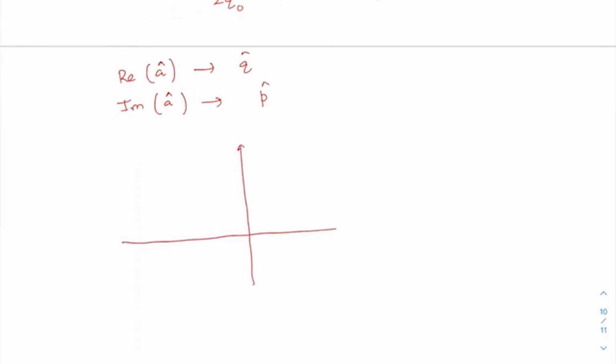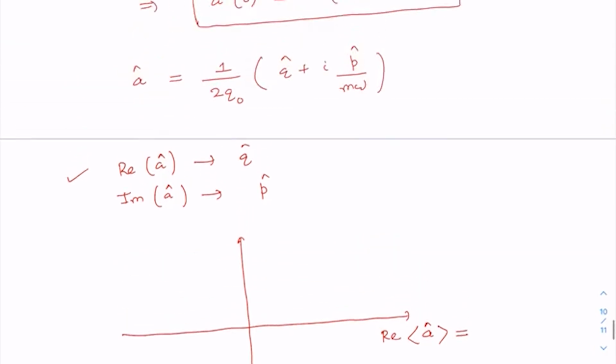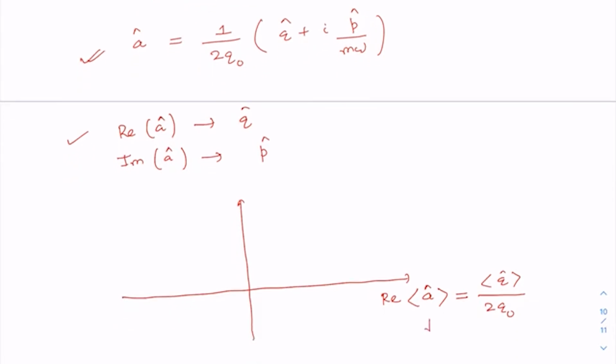Sorry, I cannot actually plot an operator; I have to take the expectation value of the operator. The real part would then be simply the expectation value of the position operator q divided by 2q0. This is dimensionless, so we can term it normalized position. So the x-axis is our normalized position.